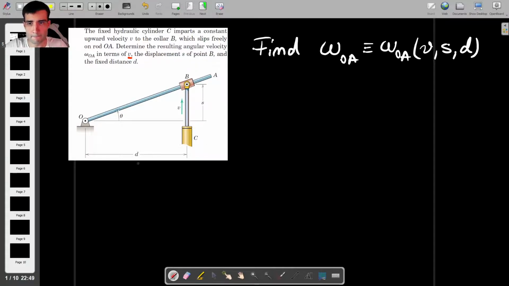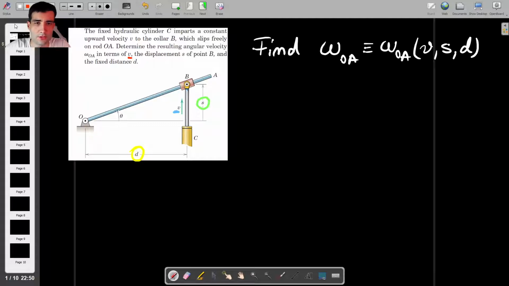What we know is this distance at this particular moment in time, and we also know this velocity.